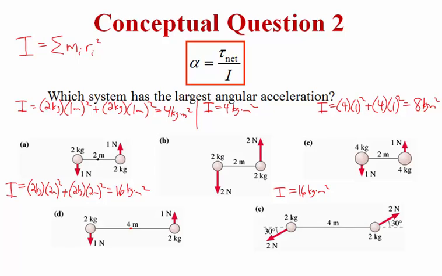So we've calculated the rotational inertias. A and B both have a rotational inertia of 4 kilogram square meters, C is 8, and D and E are 16 kilogram square meters. But that's only part of this. We also need to look at the torque. So the torque is going to be r times F perpendicular.